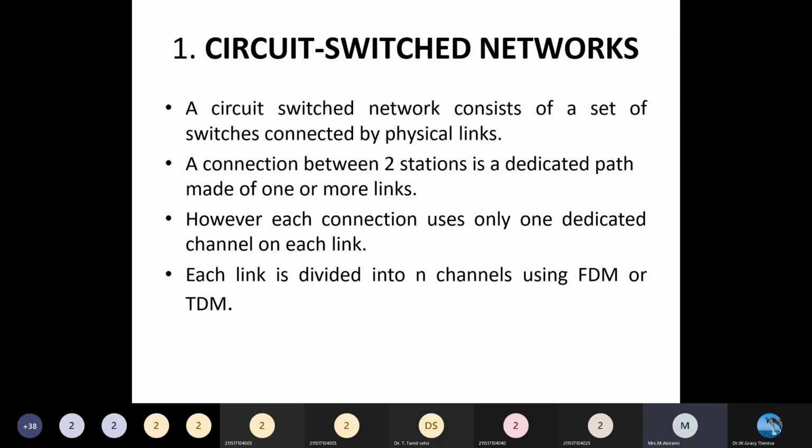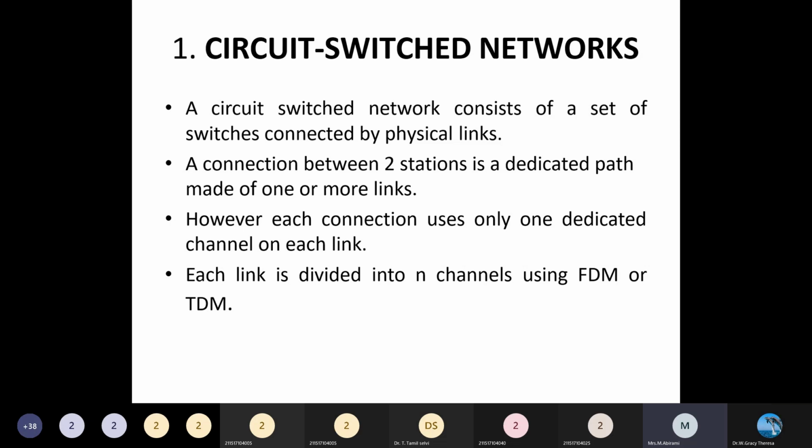It consists of a set of switches connected by physical links. In a circuit switched network, physical media and physical links interlink the nodes. These are the terms used in circuit switched networks.